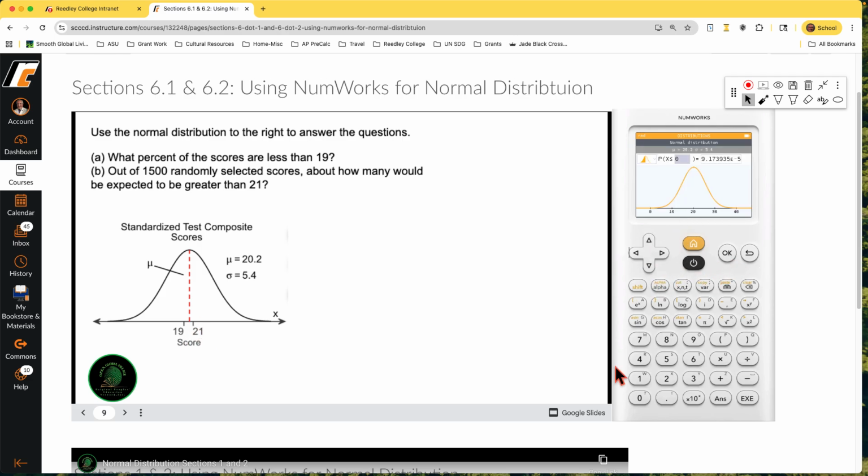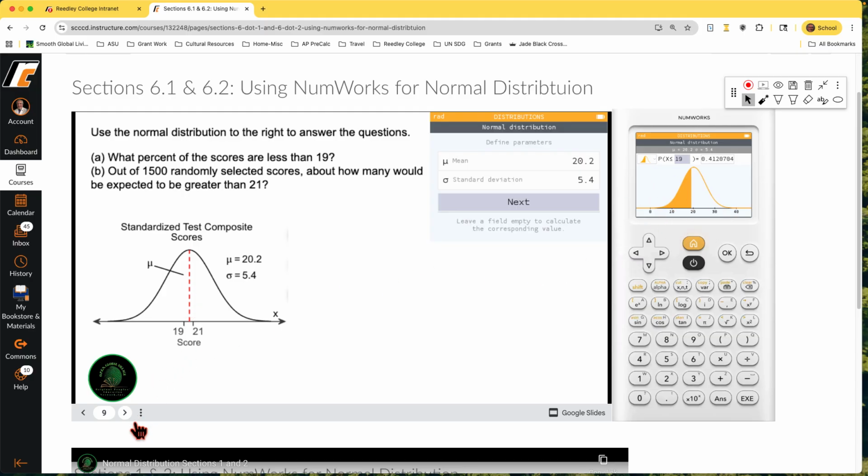Notice it looks very much like this. Here's 19, here's the percent of the scores that are less than 19. We're already at less than, so we put in 19 and we match this pretty good. And we just do that, about 41%, right?